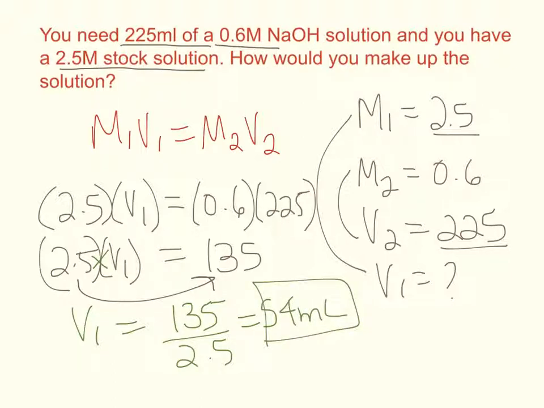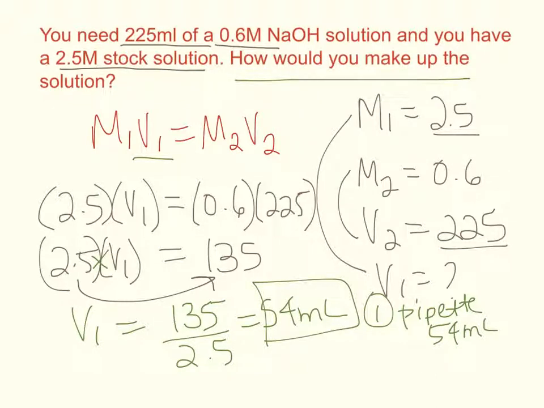For a question like this, how would you make up the solution? There are actually two parts to this question that aren't really highlighted. First, we need to know how much of volume 1 we need, and we've just calculated we need 54 milliliters. But if you were explaining how you would make up the solution, you would, one, pipette approximately 54 milliliters of your 2.5 molar solution and place that into a new beaker, just like we did in lab.